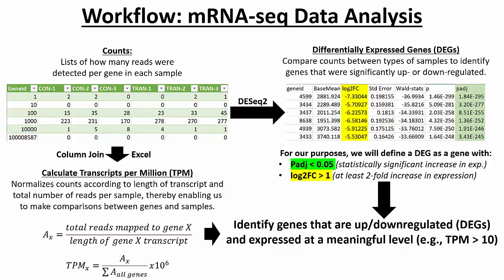Okay? So whenever you're trying to identify genes that might be involved in a certain response, it would be a very good idea to consider both the data from DESeq2 that tells you the p-adjusted and the log two-fold change values, along with the TPM. What we would want there is a DEG that does have that significance factor, right?